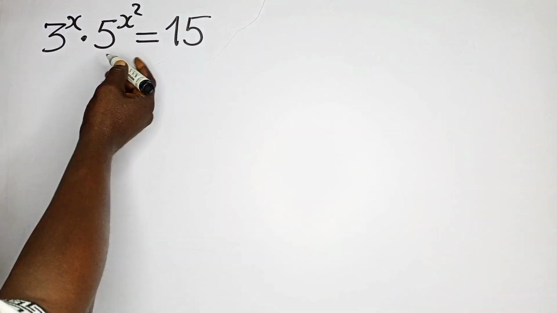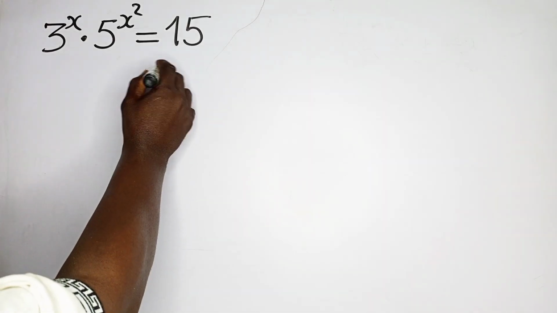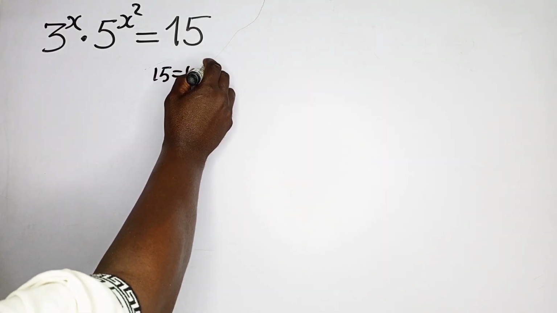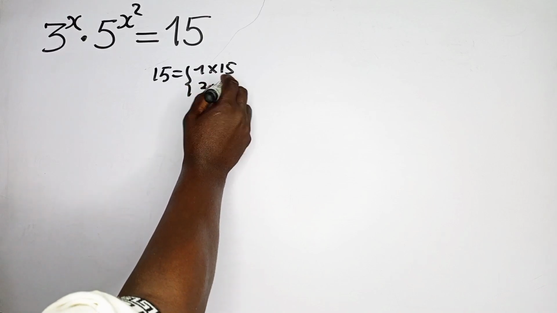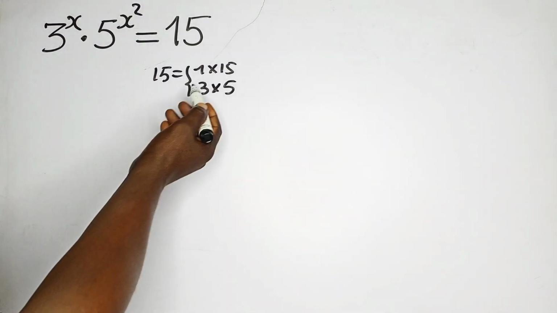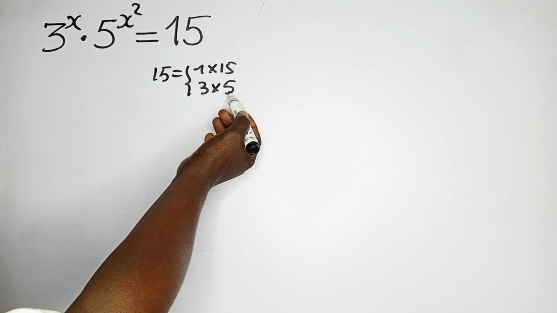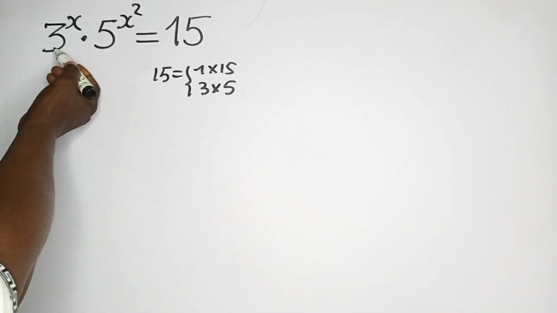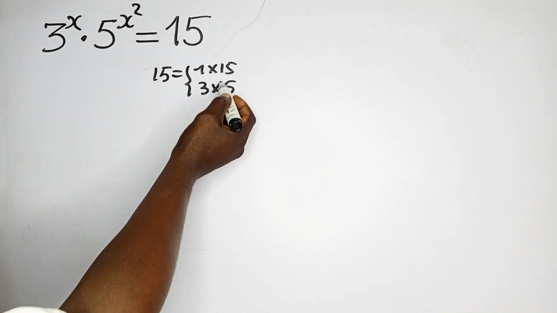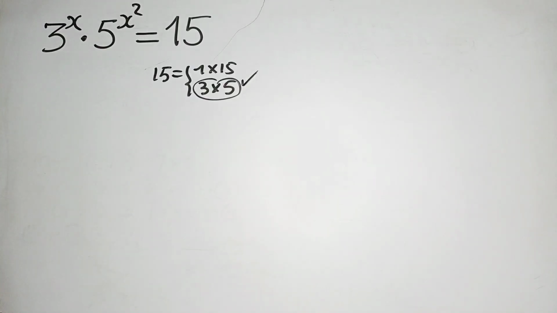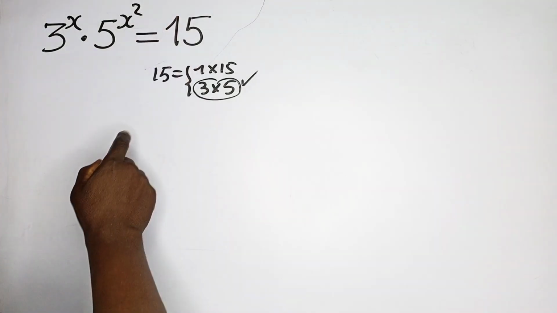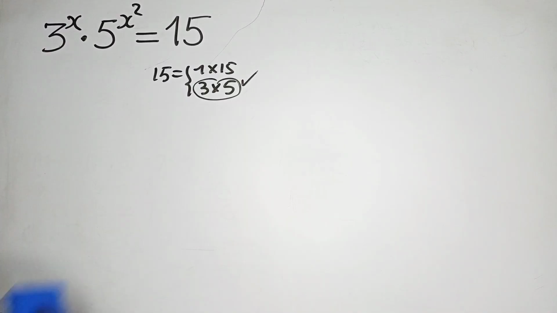Remember, 15 can either be 1 times 15 or 3 times 5. The choice that we'll make here will be 3 times 5. Why? Because we have a base 3 here and a base 5 here. This choice will make our work go faster. So we'll write 15 as 3 multiplied by 5.